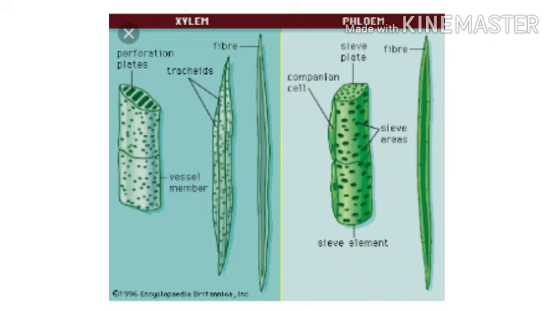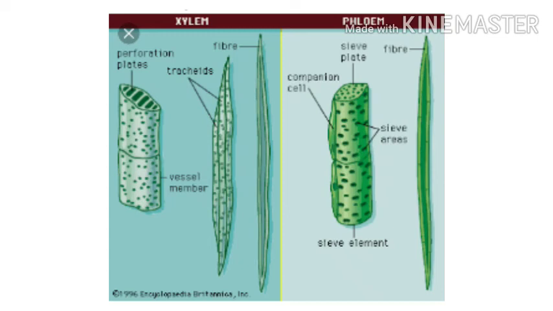Next is phloem. Phloem is to transport food material in plants. You can easily remember it: phloem stands for food. Phloem, food. It is composed of tubular interconnected cells. So phloem consists of long tube-like interconnected cells, that is, the cells are connected and arranged one by one as a long tube.